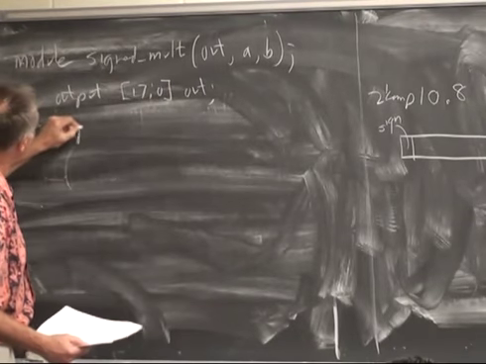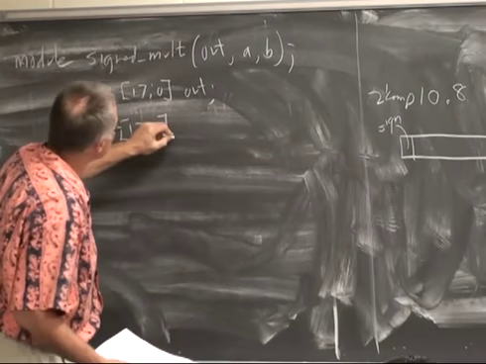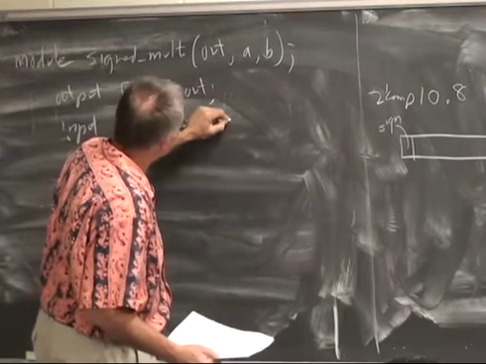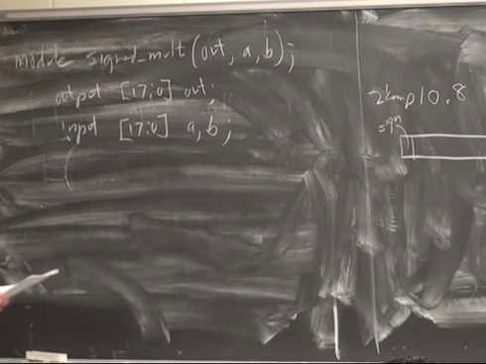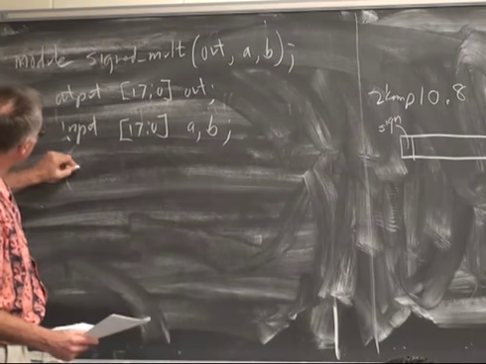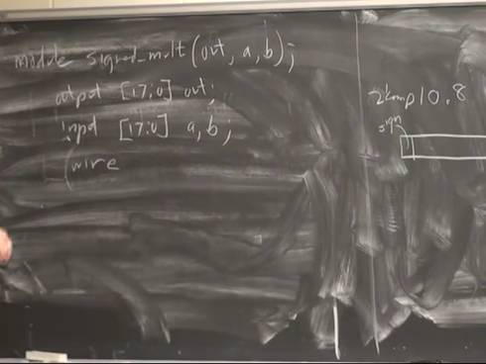And again, the inputs are 18 bits. We also need a couple of internal states. By the way, this multiplier is combinatorial. There is no clock on it.